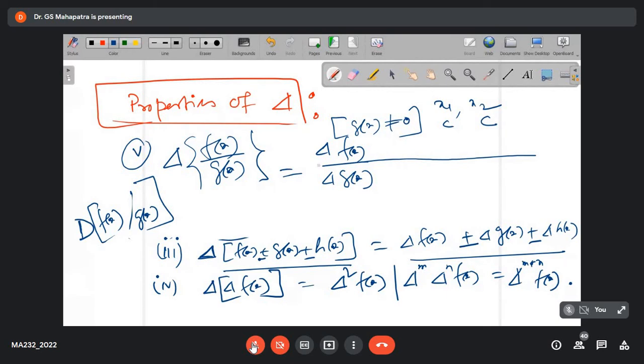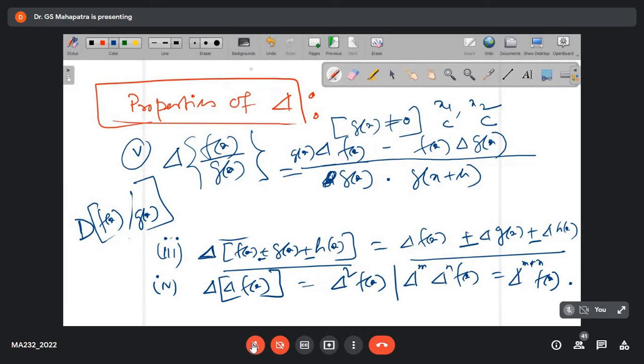Into g of x, so it is outside: g of x minus f of x into g of x. What will be the down one, that means the denominator? It's fine, you have actually tried to answer this one. That's best.